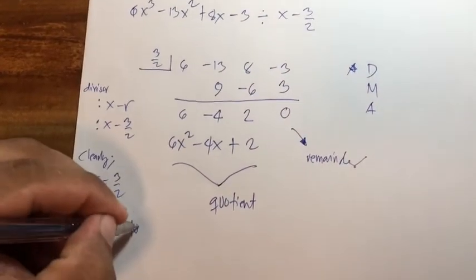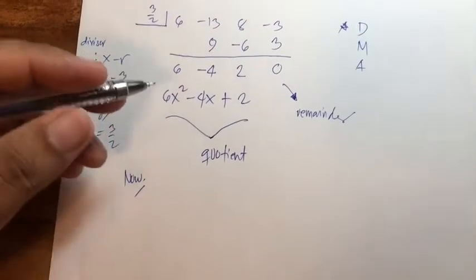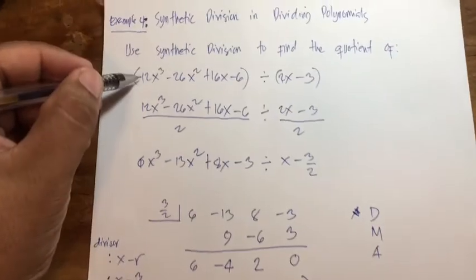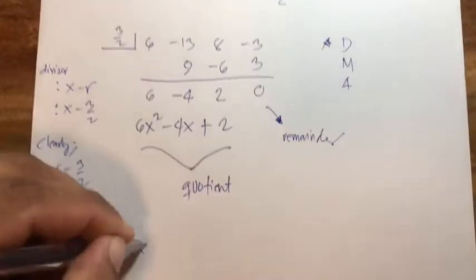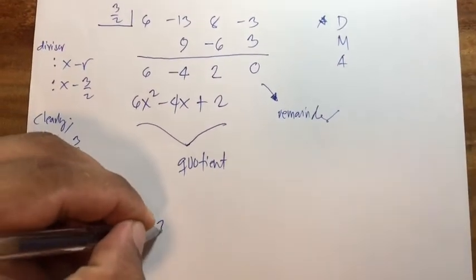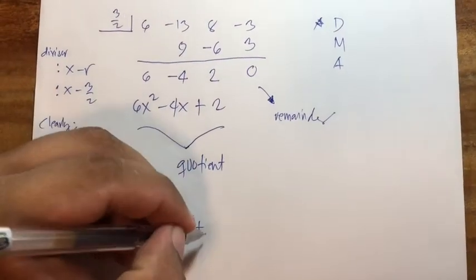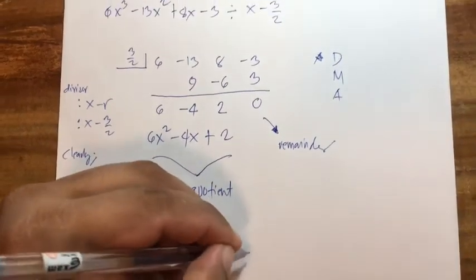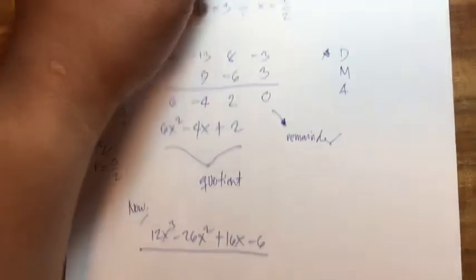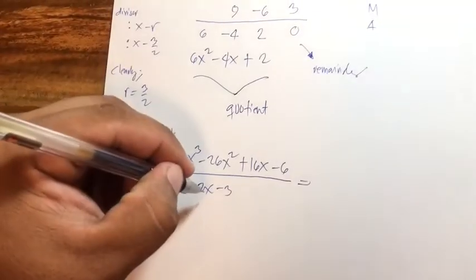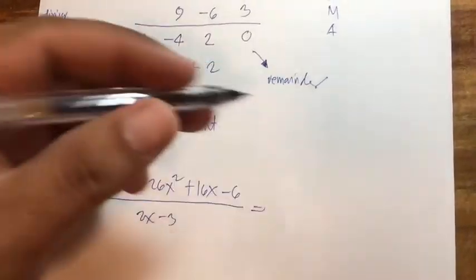So now, we will write our final output. So here, going back to our original given, 12x cubed minus 26x squared plus 16x minus 6 all over or divided by this one, 2x minus 3 equals our quotient plus remainder.